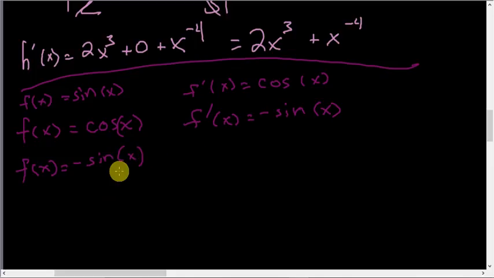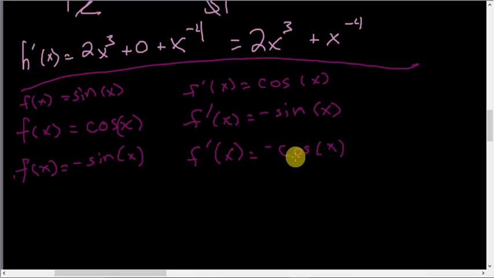What's the derivative of sine of x? Just cosine of x, right? And so we just leave that negative there. It doesn't matter that I use f of x, it's just saying function, that's the normal way of writing it. So it becomes negative cosine of x, right? I just like writing the parentheses.